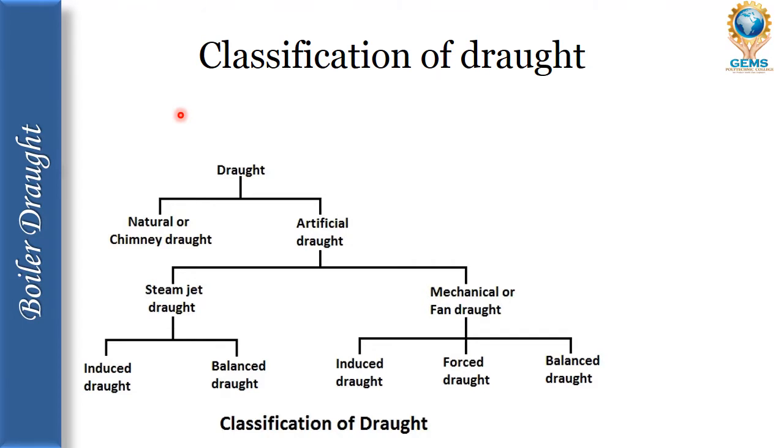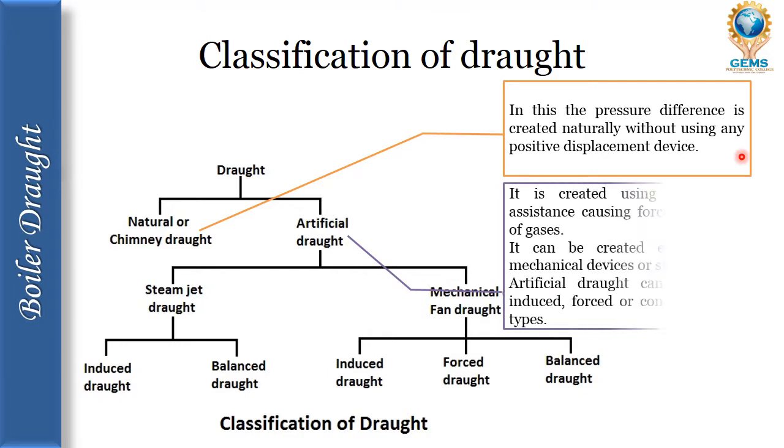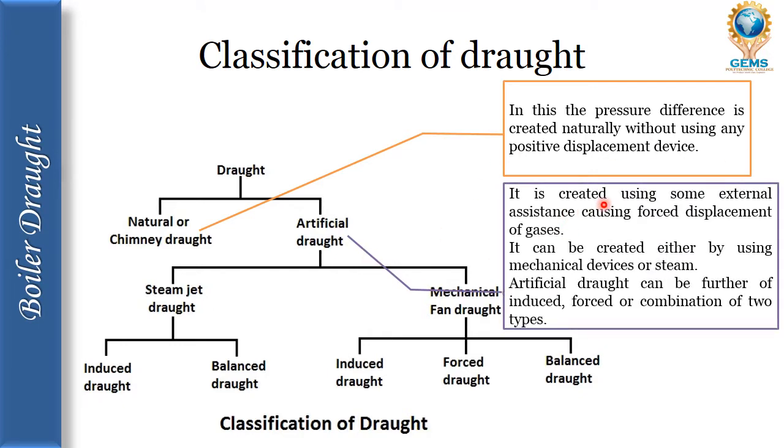So let's see the classification of draft. Drafts are classified into natural or chimney draft, and artificial draft. In natural draft, the pressure difference is created naturally without using any positive displacement device. Artificial draft is created using some external assistance causing forced displacement of gases, either by using mechanical devices or steam.